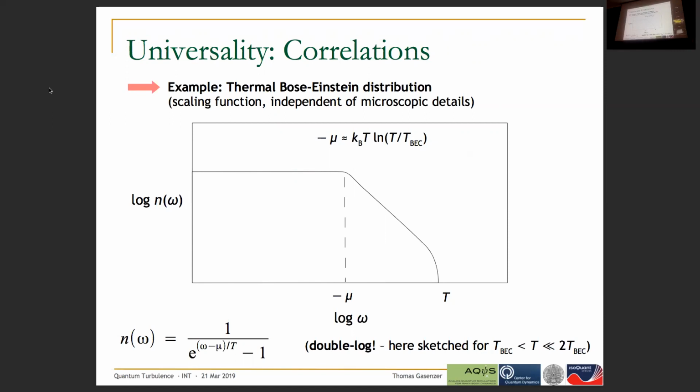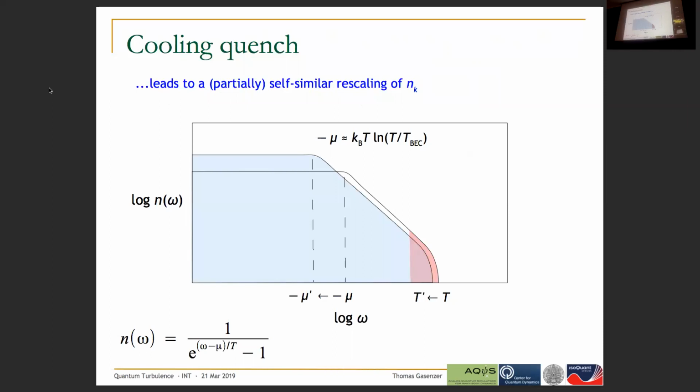Now, when you cool down the system a little bit further, you will get the same type of curve, of course, just with slightly shifted parameters. So lower temperature, lower negative chemical potential, you're getting closer to the transition. But the shape of the curve is the same.